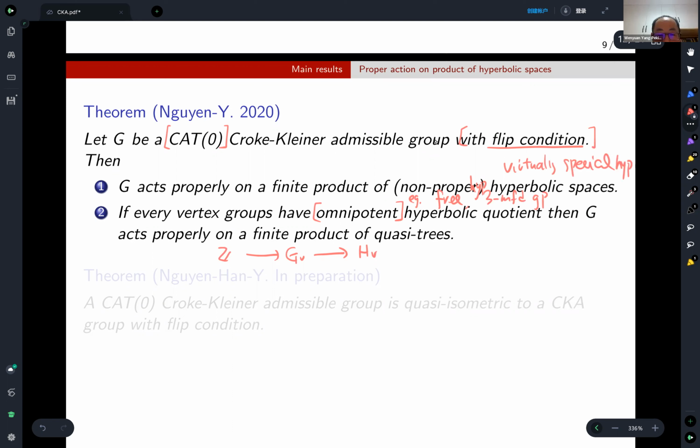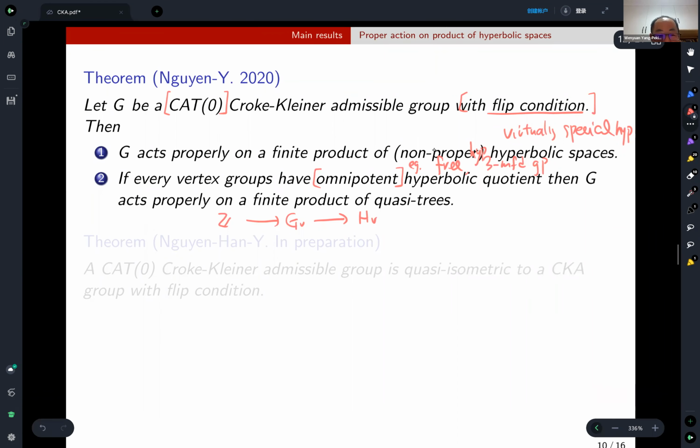These are all omnipotent groups. So if every vertex group has an omnipotent quotient, then the group G turns out to act properly on a finite product of quasi-trees, as in the hyperbolic group case.